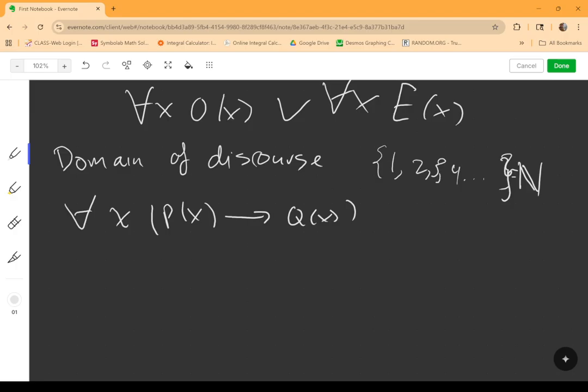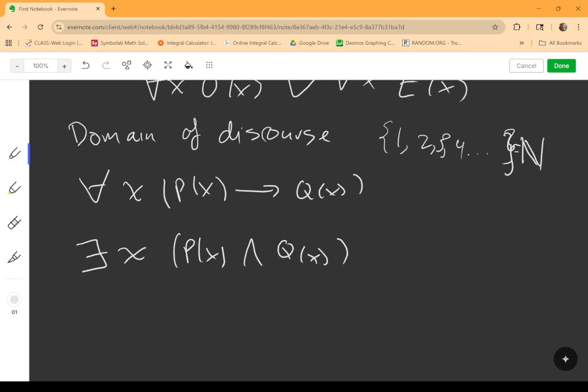So for a particular value of x, it's a P thing, it belongs to the statement P, and that implies Q. The other one is there exists an x such that P(x) or Q(x).